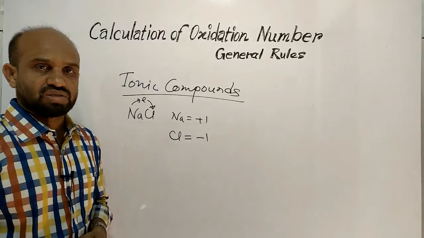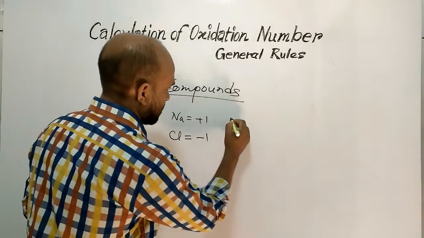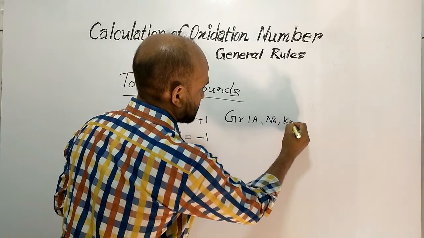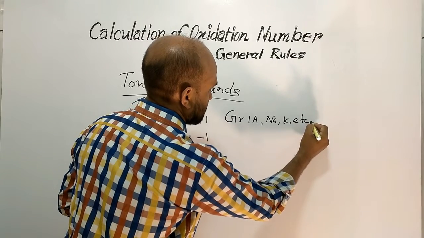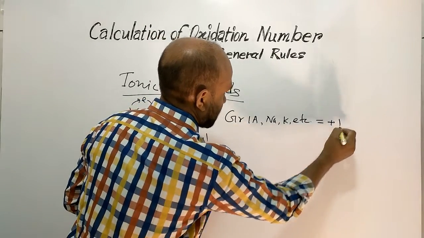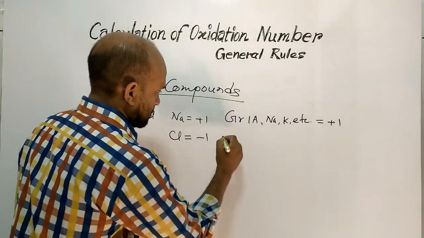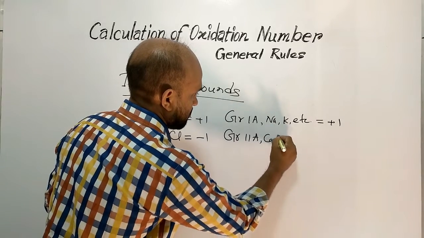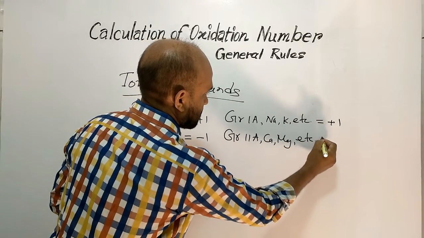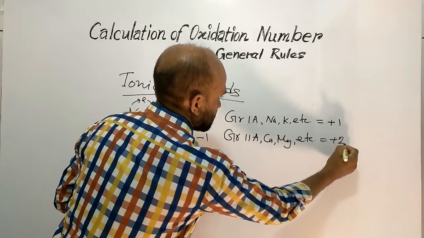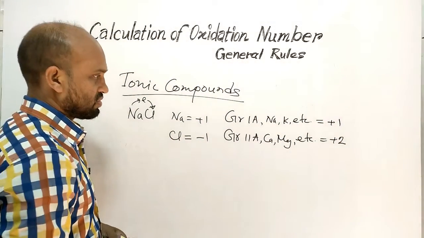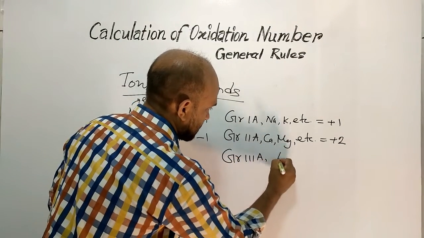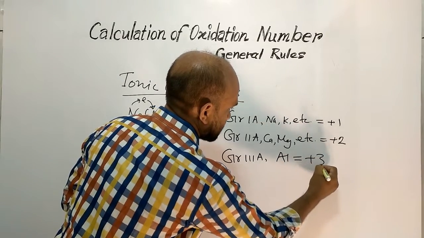In this way, we can say that for group 1A elements like sodium, potassium, etc., oxidation number is +1, and group 2A elements like calcium, magnesium, etc., oxidation number is +2, and group 3A elements like aluminium, oxidation number is +3.